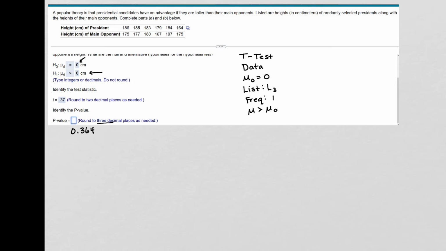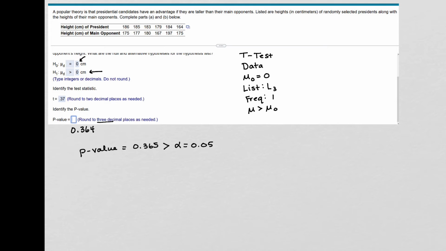So now I can compare my p-value with the significance level alpha, which is 0.05, and the p-value is larger than alpha. So that's going to lead us to the conclusion that we should fail to reject the null hypothesis.